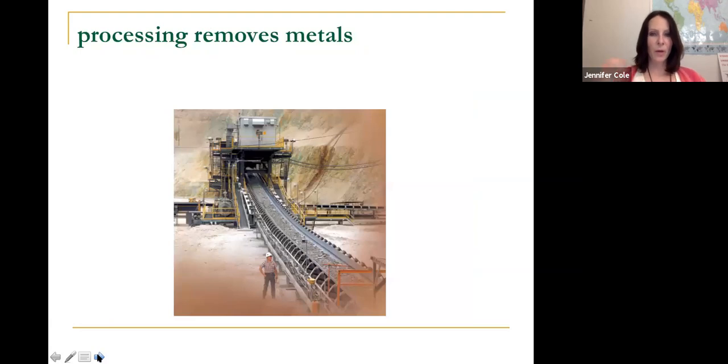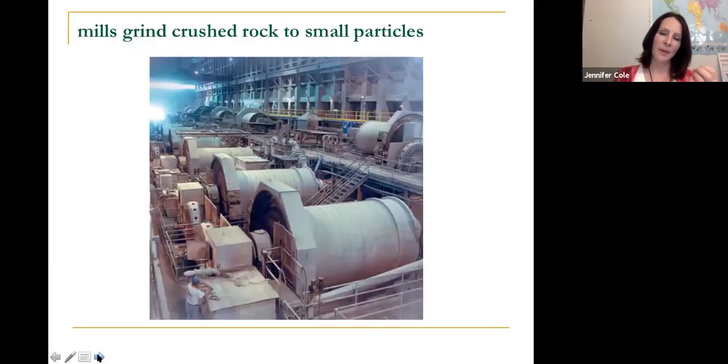So you're mixing it with water and you're bringing it on this conveyor belt to process it. And what you want to do is separate out the unuseful rock from the metals that are in there. And the way you do that is you have these big mills, ball mills is what this is a picture of. So there are huge rotating drums, and there are these balls in it, and there's lifting plates that lift up the material and tumble it and tumble it.